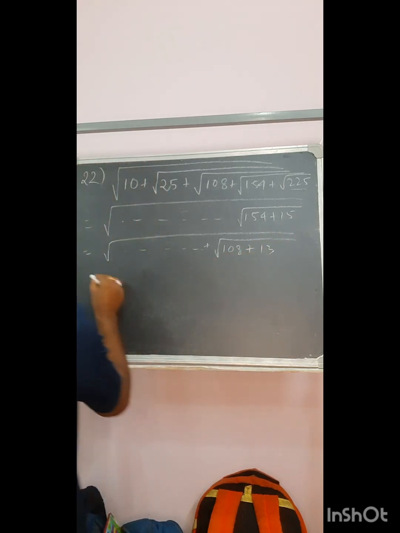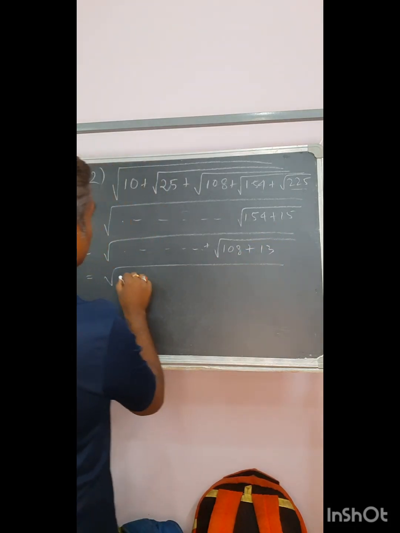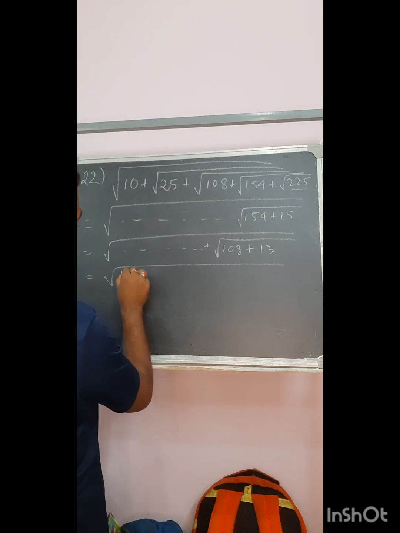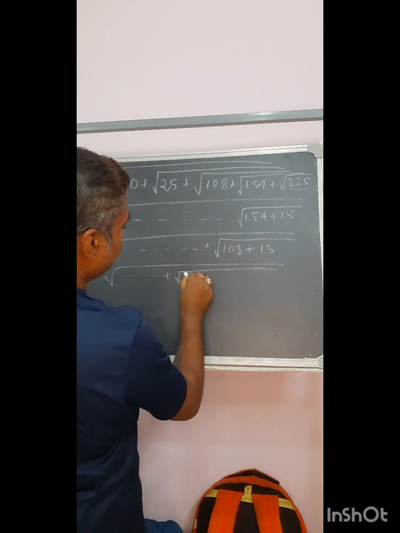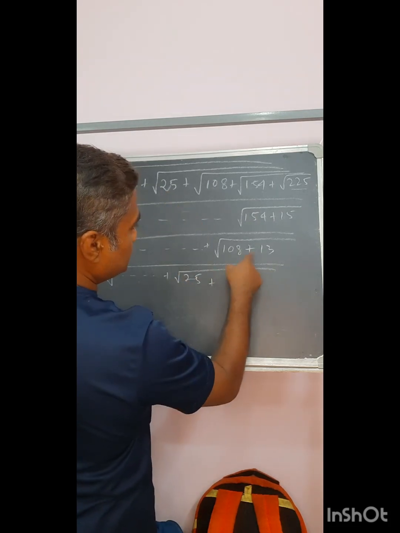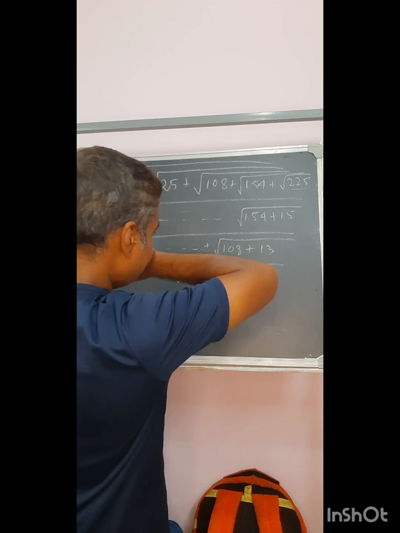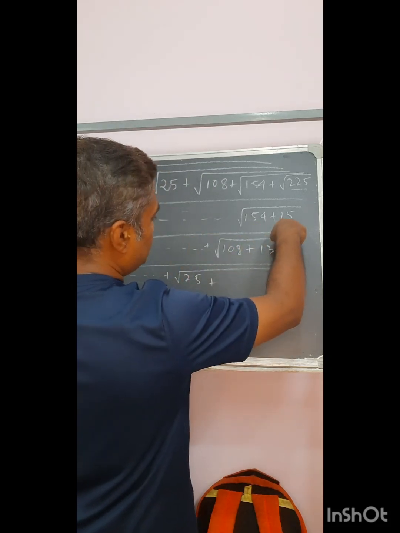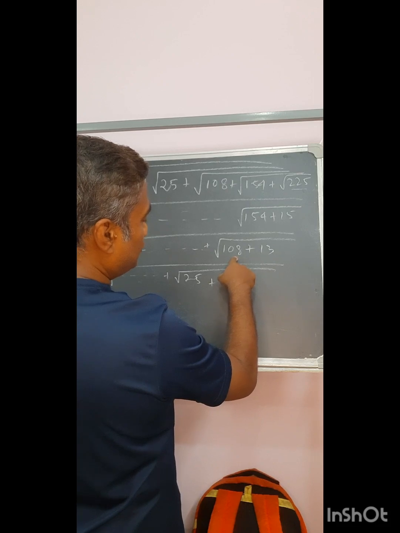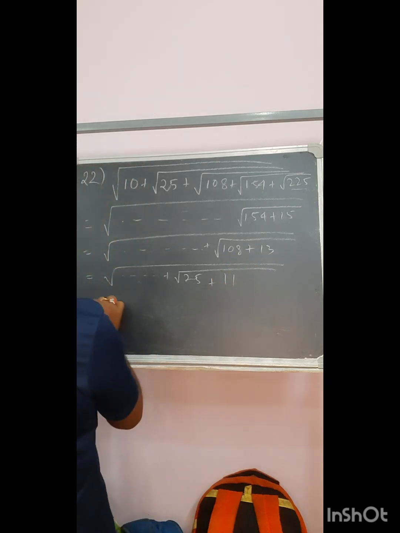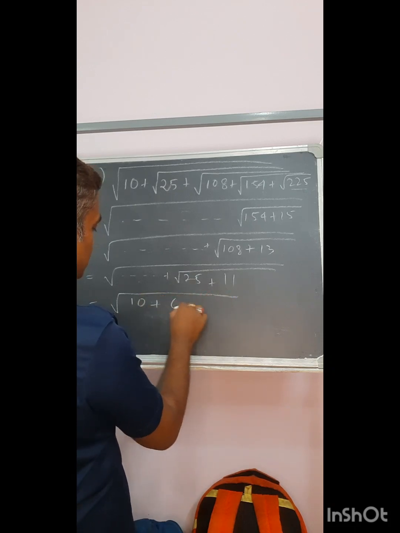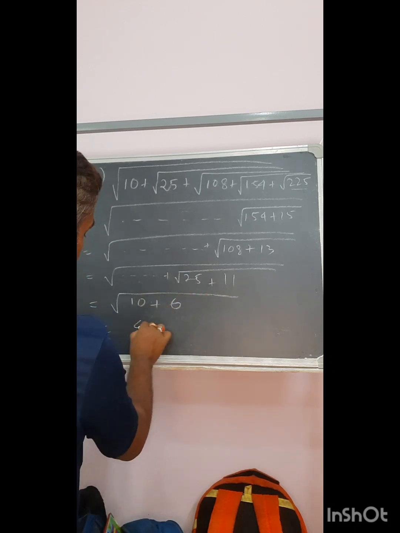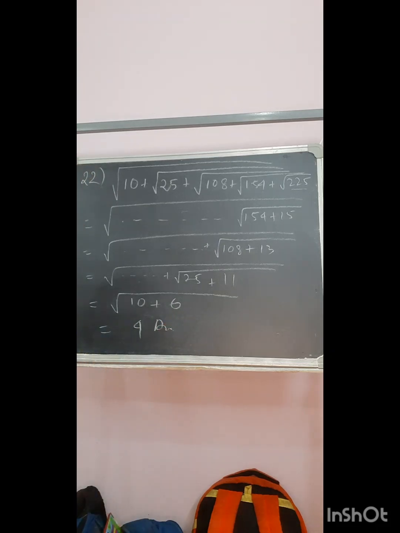Now plus root of 25, together this is 13 and this is 121, that means 11 will come. So in the next one, the 10, how much is it, 36 means 6, then it is 16, that means 4, your answer.